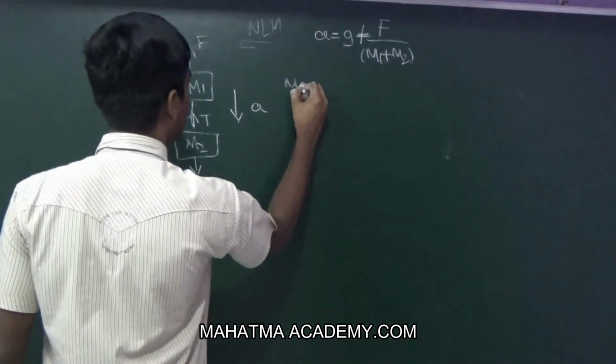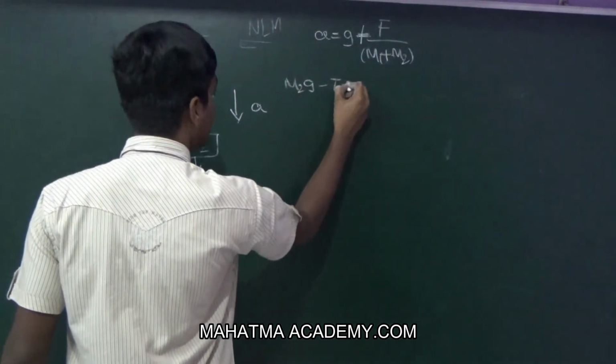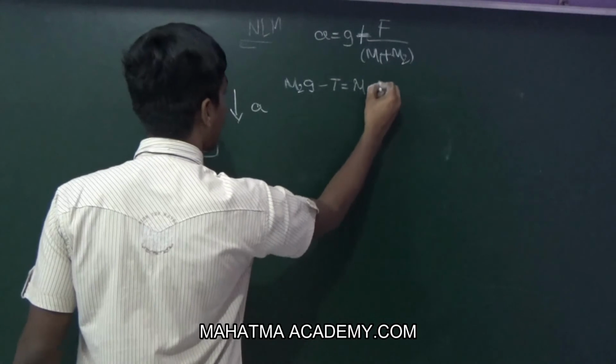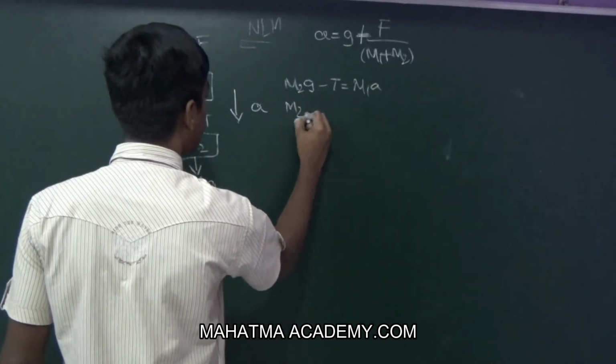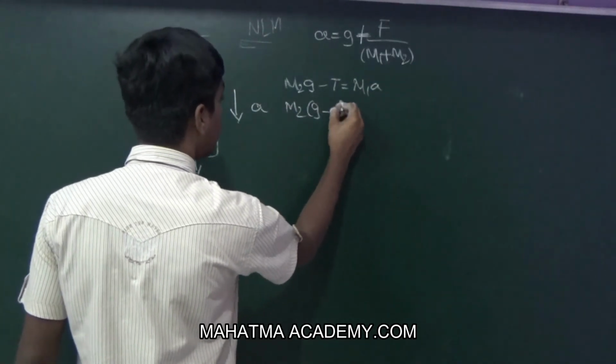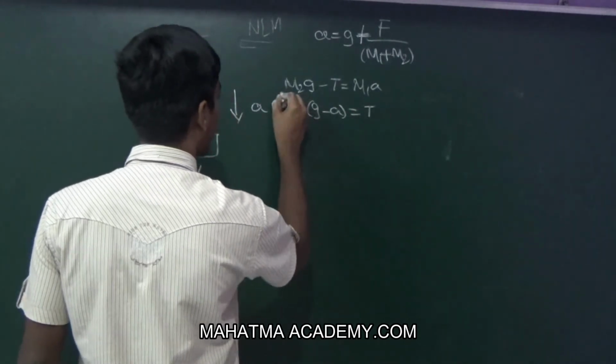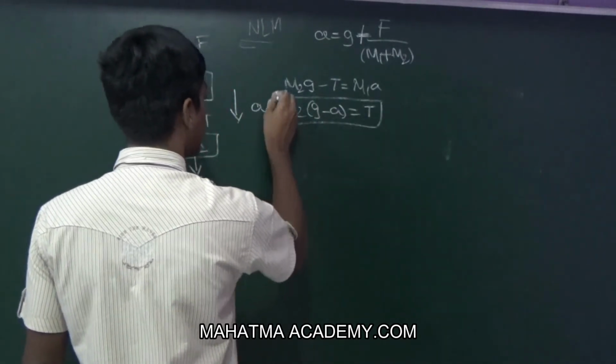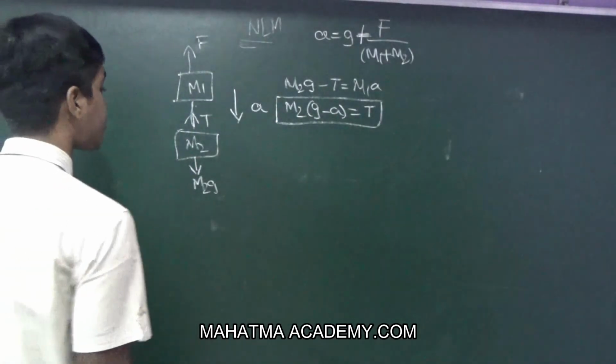So M2G minus T is equal to M2A. So tension is equal to M2 into (G minus A). We got the tension as this.